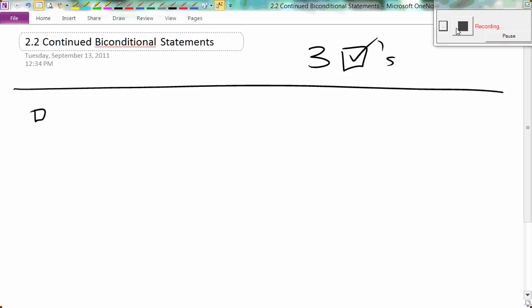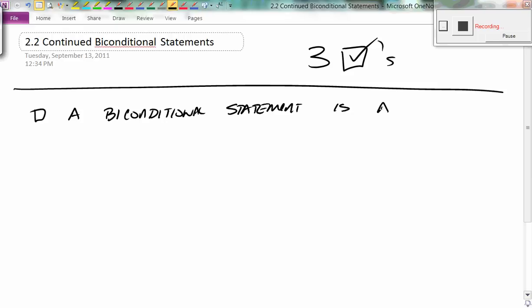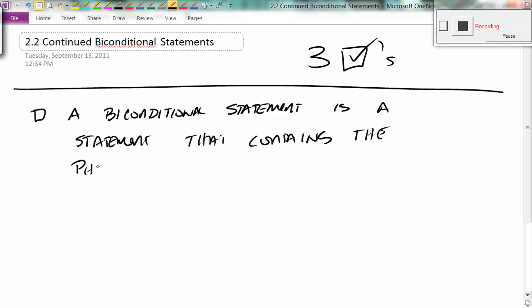We are going to start off the day by talking about a biconditional statement. So, a biconditional statement is a statement that contains the phrase if and only if.